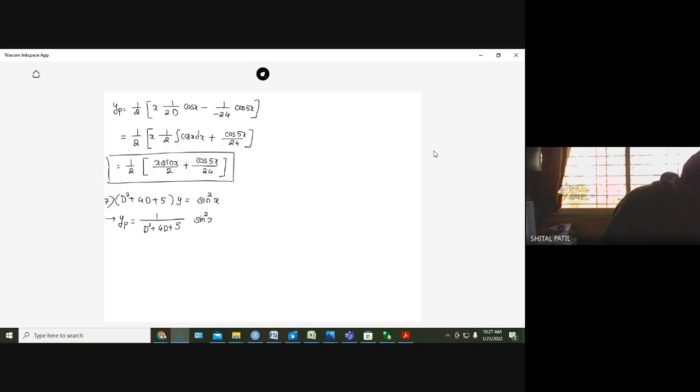No formula is there for sin square x, but we can write sin square x as... How can we write sin square x? Operated on 1.